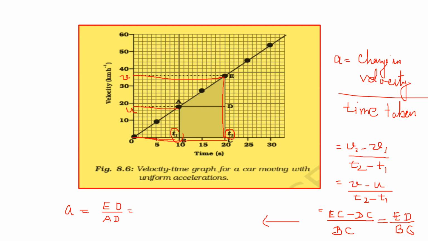And this perpendicular upon base is called slope, slope of line AB. So slope in velocity time graph represents the acceleration of the object.